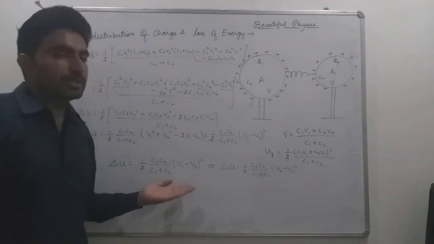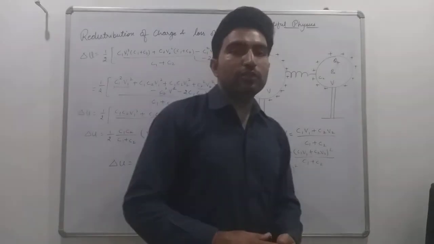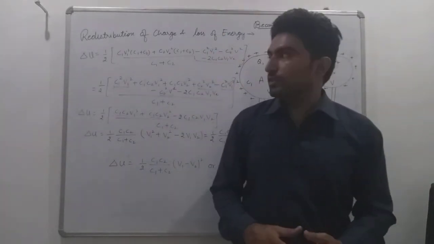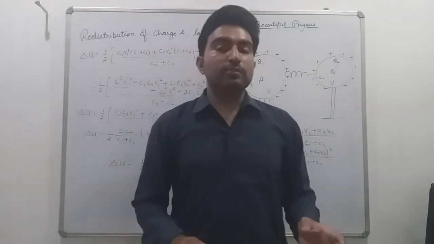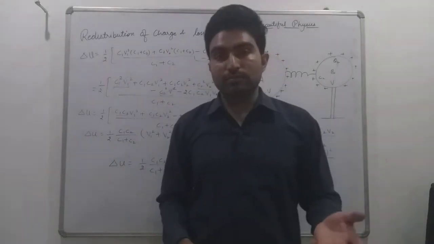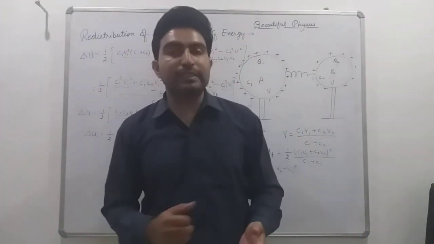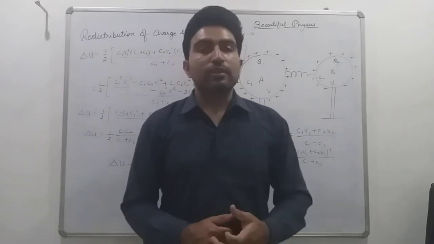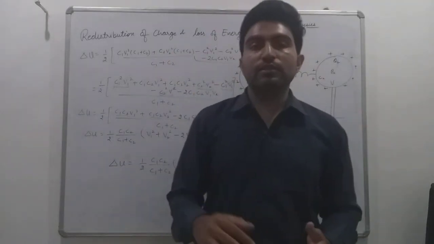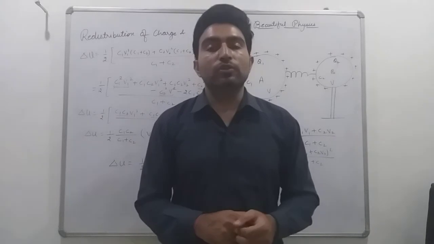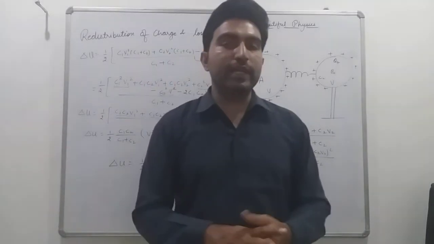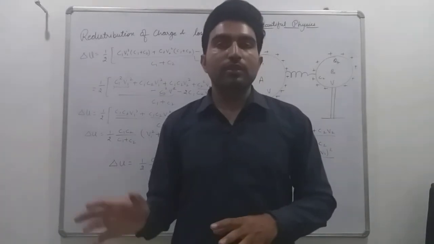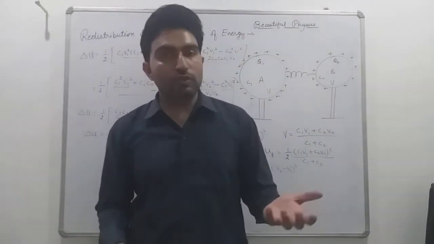So this is the expression for the loss of energy during the redistribution of charge when two conductors, of which initially one is heavily charged and another is charged but lesser than the previous one, are joined or simply connected with a conducting wire. Then charge is transferred from higher potential to lower potential.